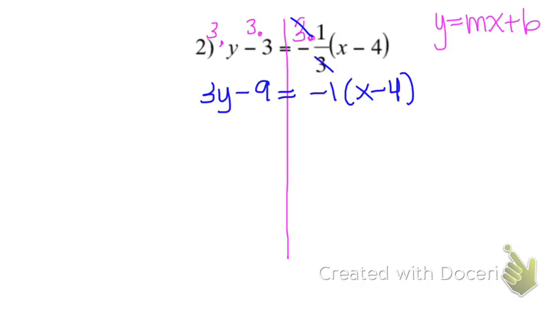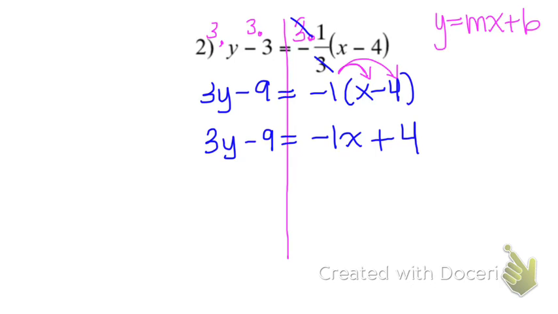Okay, now that I've got rid of my fraction, it's a little bit easier for me to distribute here. So I'm going to distribute the negative 1 to both terms. So on my next step, I would get 3y minus 9 equals negative 1x minus, actually not minus, because a negative times a negative is a positive 4.